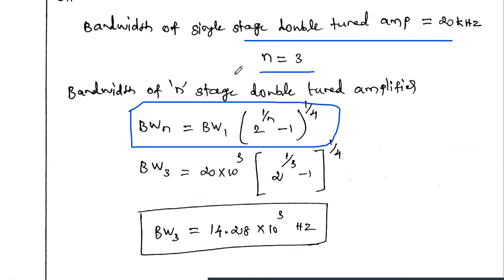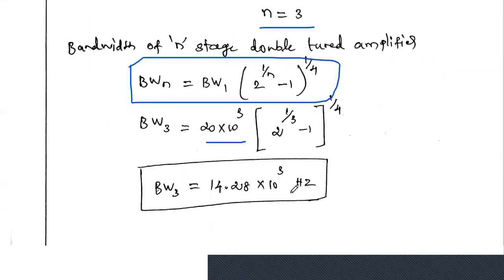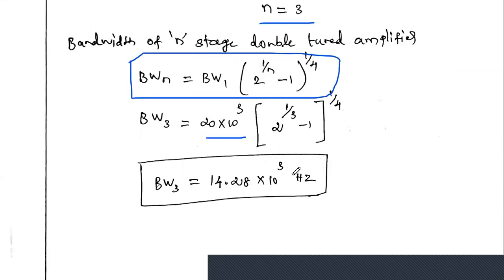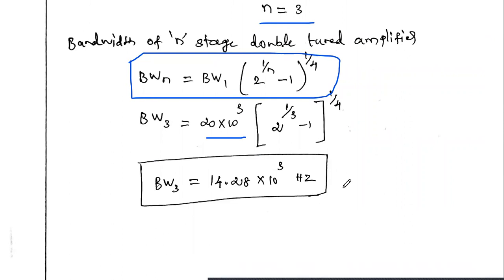But if n double-tuned amplifiers are connected in cascade, the overall bandwidth is BW1 into 2 to the power 1 by n minus 1, to the power 1 by 4. The bandwidth of the single stage is 20 kilohertz, so 20 into 10 to the power 3 into 2 to the power 1 by 3 minus 1, to the power 1 by 4. Solving using a calculator, we get 14.28 into 10 to the power 3 hertz.